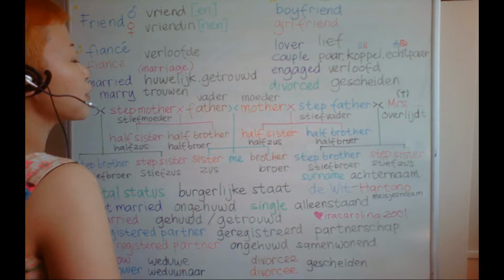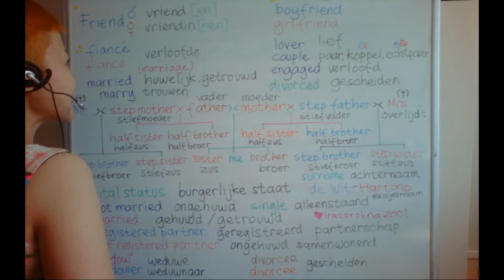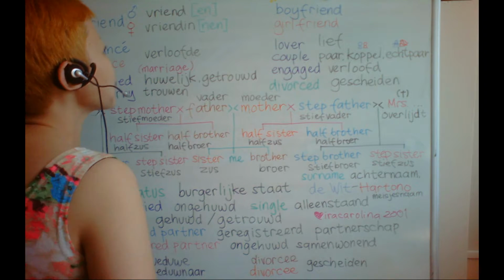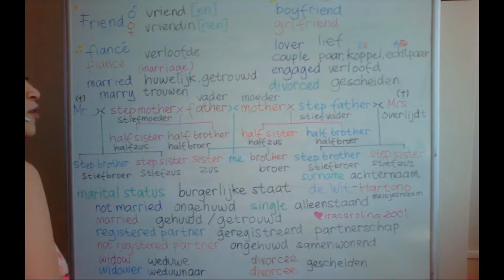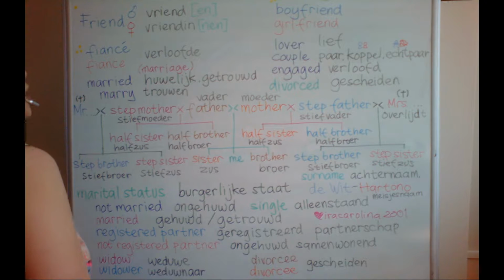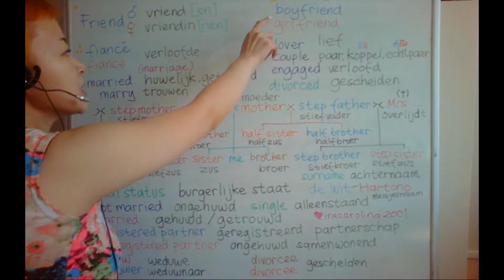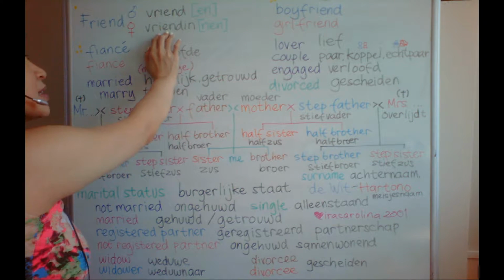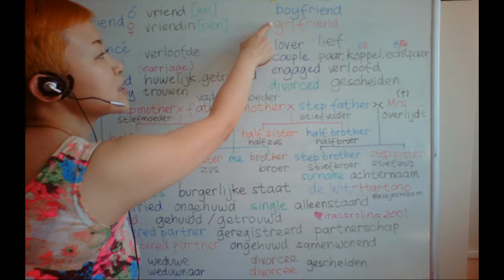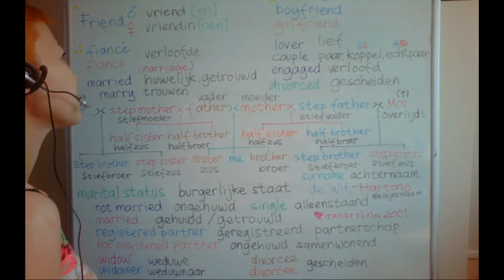How about boyfriend or girlfriend? In Dutch, or the Netherlands language, they don't have a specific word for boyfriend or girlfriend. Because if you say vriend, it also means boyfriend. If you say vriendin, it also means girlfriend. So sometimes you hear people say vriend.